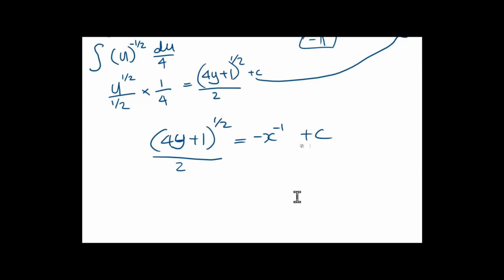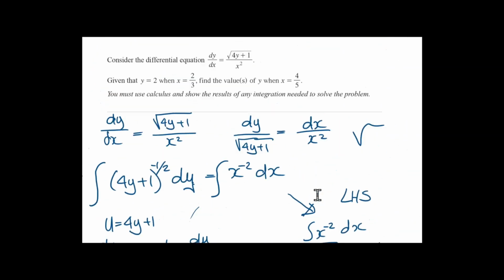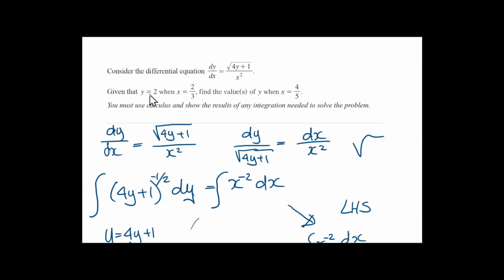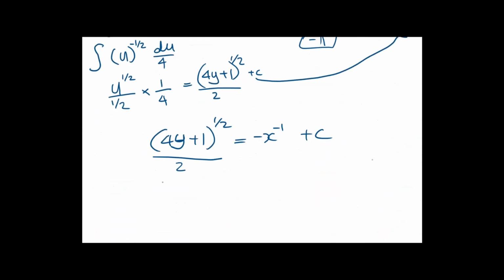And what do we want to do now? We want to put in the initial condition. So the initial conditions are when y equals 2, x equals 2 over 3.